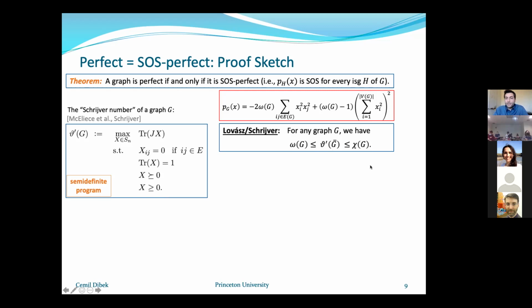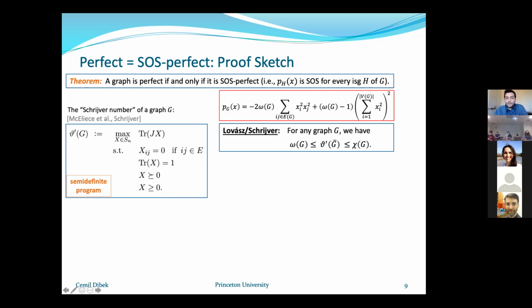So what I'm going to say now has nothing to do with the proof, but it's worth mentioning. I think it's a good note. This is amazing for perfect graphs, right? Because for perfect graphs, the clique number and the chromatic number are the same by definition, and so all these 3 numbers are the same, which means that we can find the clique number of a perfect graph by simply solving this semi-definite program, which can be done in polynomial time.